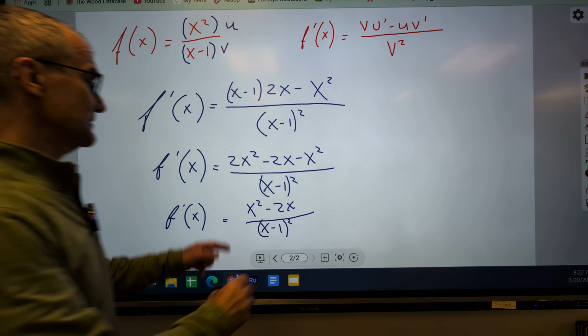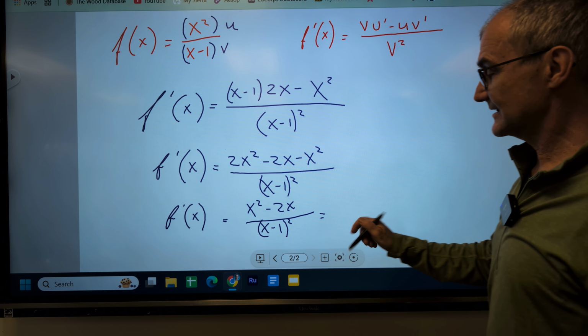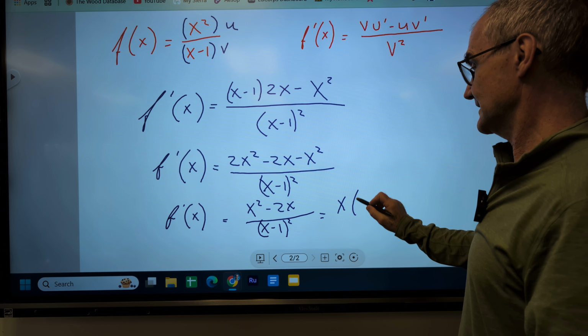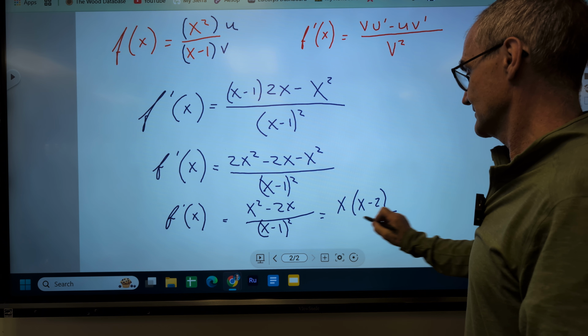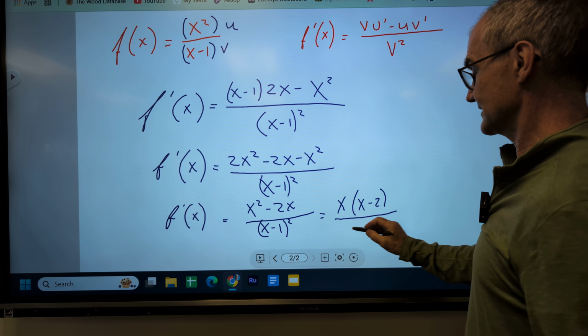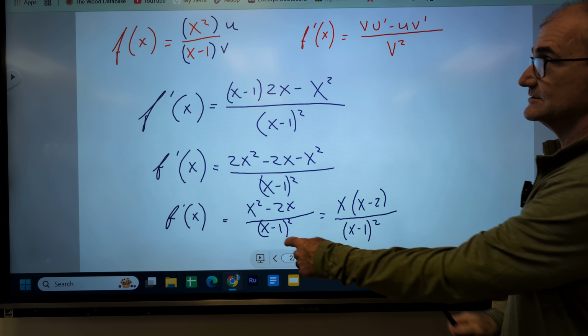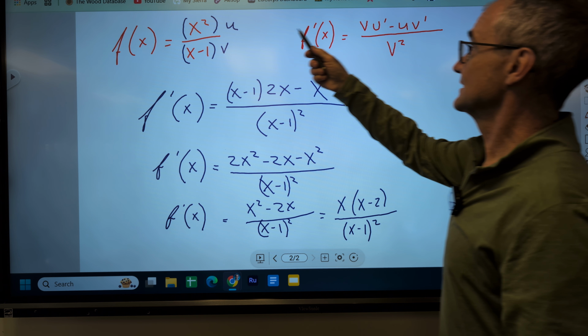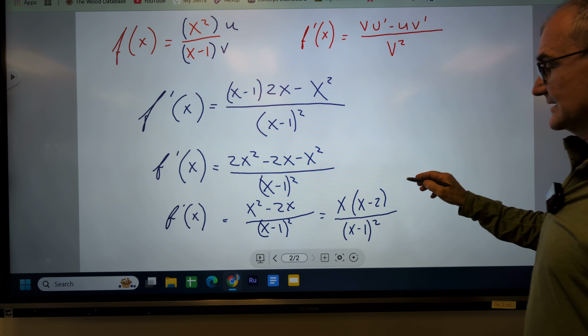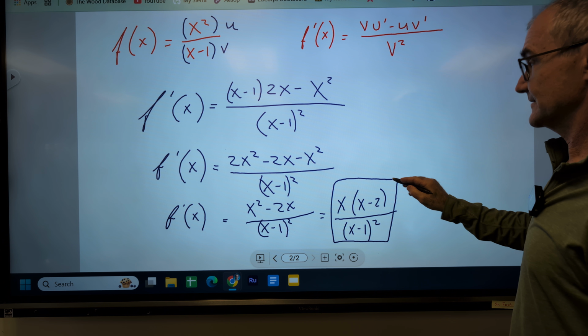I have a common term here, x. I could factor that x out in front to get x times (x minus 2) over (x minus 1) squared. I don't think there's anything else I could do. So the derivative of this function using the quotient rule is this right here.